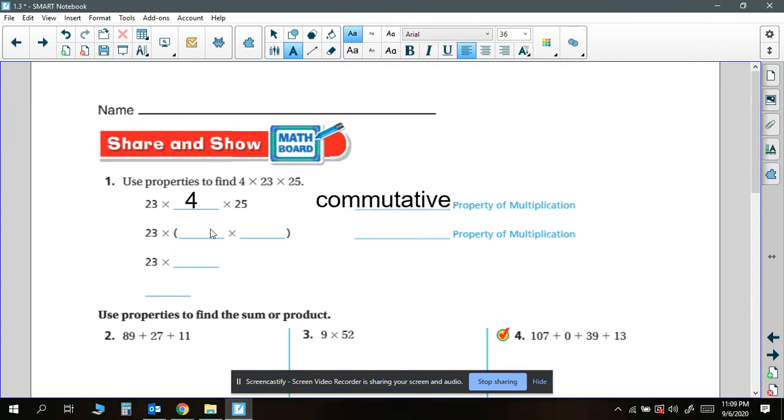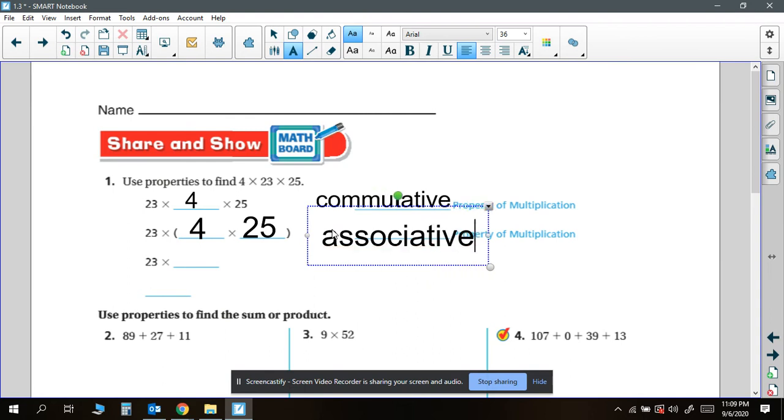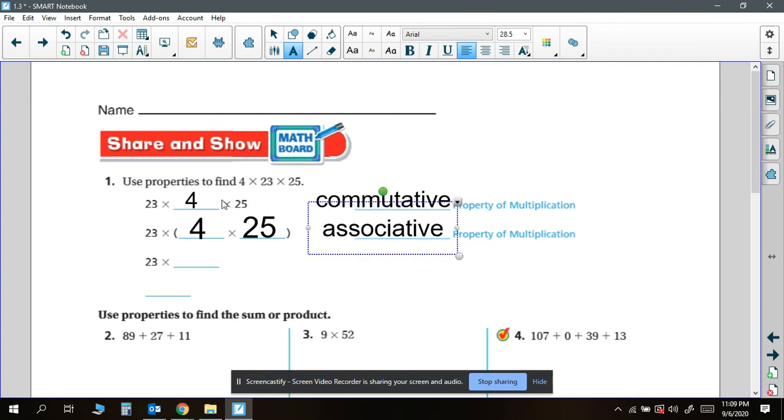Now, in this case, if we bring this 4 directly down here, and we bring this 25 down, what they did is they grouped them. They grouped the 4 times 25. Anytime you're grouping them, that's going to be the associative property. So the first move we used commutative. Now we group them, so it's associative.